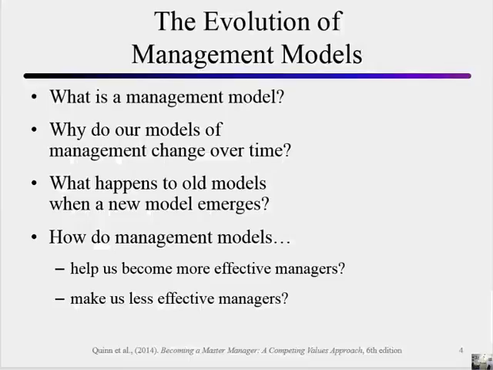So what we need to understand is how management models help us become more effective at our jobs as managers, being able to get people to do what we want and to do it happily and to do it with a sense of motivation and a sense of pride and quality outcomes being their focus. And we also need to understand what makes us less effective managers.